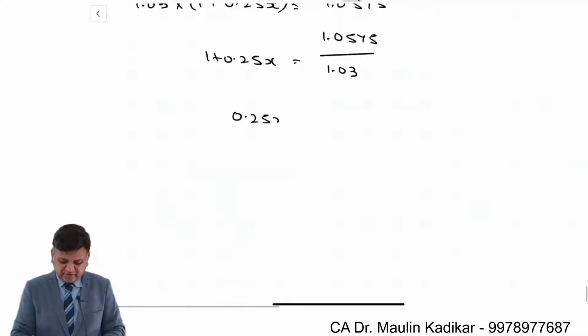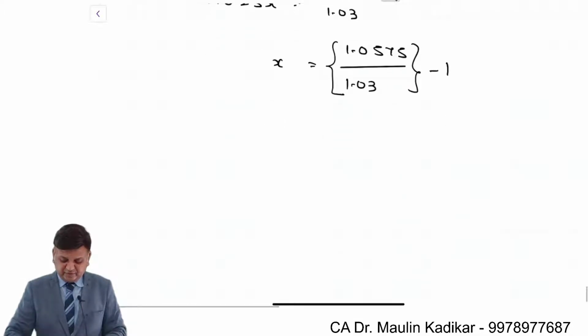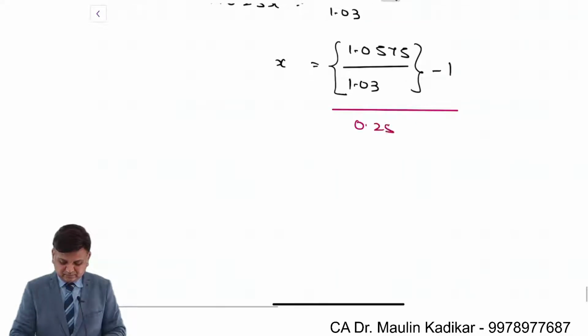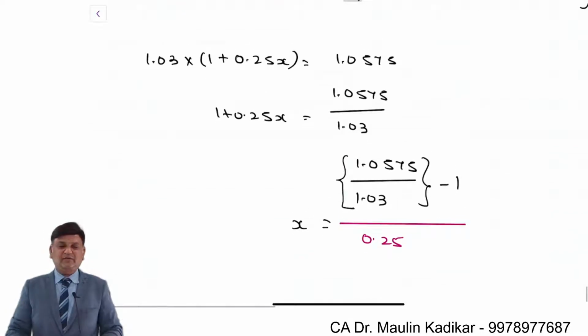So 0.25x is equal to 1.0575 divided by 1.03. Whatever is the answer from that, 1 is deducted. Then 0.25 is transferred to the opposite side, eliminating 0.25 from here, and it is shown in the division. So divided by 0.25. So x is found as the balancing figure. That is the way the forward rate is calculated.